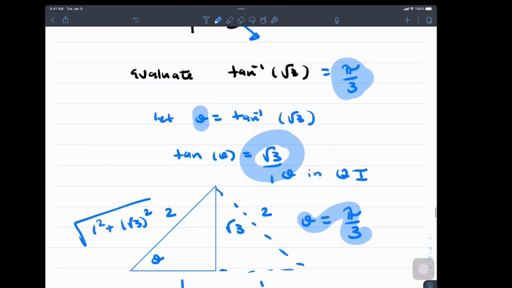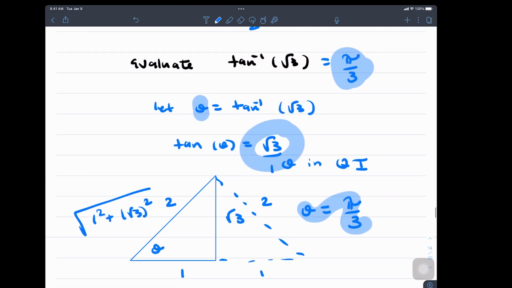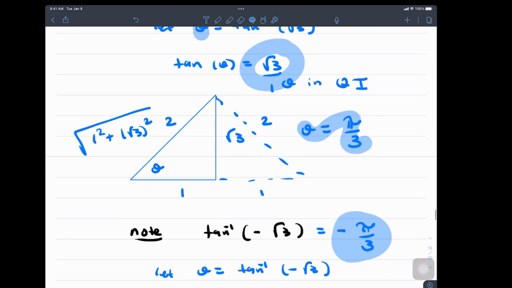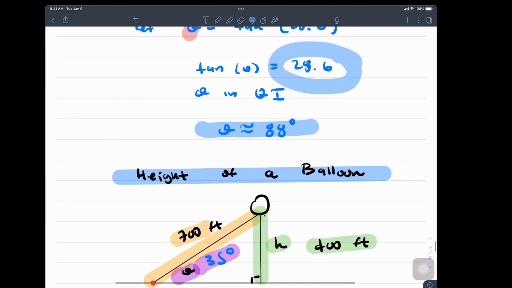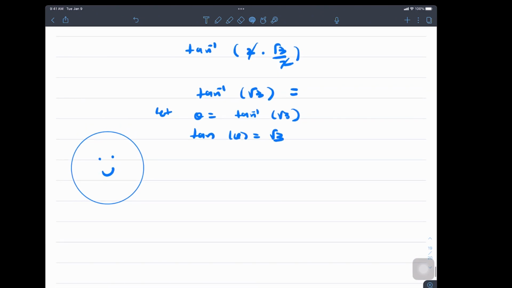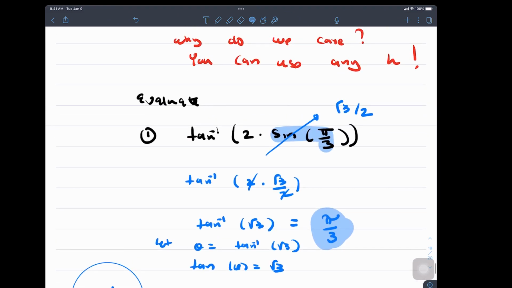Pi over 3 is the answer. So we got that one, pi over 3. Excuse me. So that goes here. More importantly, that goes right where? Here. Okay?